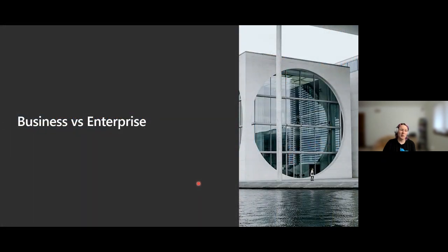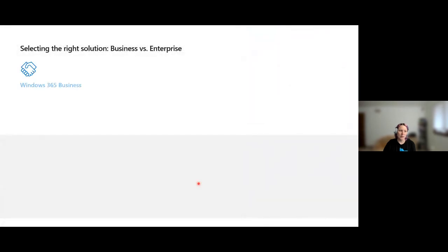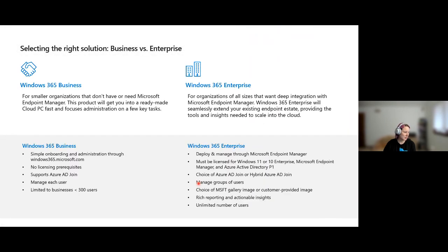And if we jump into a little bit of the differences between business versus enterprise, since we do have two different solutions. Windows 365 for Business is meant for smaller organizations that don't need the full-fledged product suite with Intune and a BYOD network, the things you'll see in the enterprise environment.